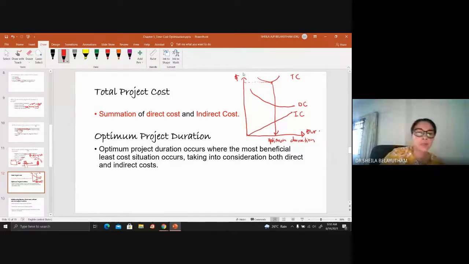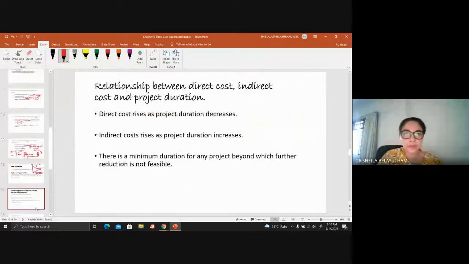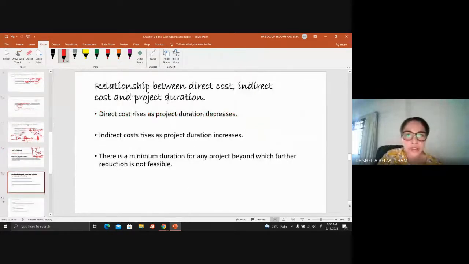Okay, so your optimum project duration occurs when the most beneficial least cost situation occurs, taking into consideration both direct and indirect costs. Okay, so relationship between direct cost, indirect cost on project duration. So direct cost increases as project duration decreases. Okay, indirect cost increases as your project duration increases.